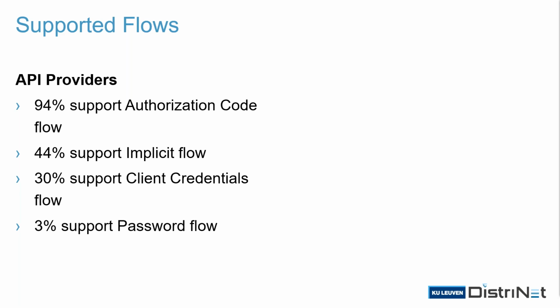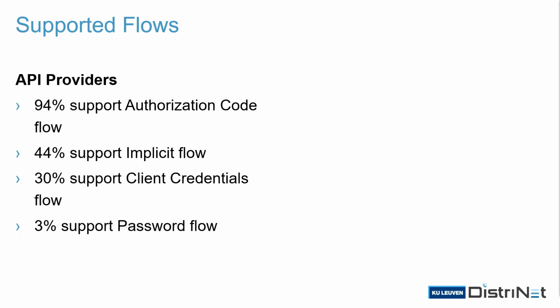About half of the sites supported the implicit flow, which I guess isn't surprising, because it used to be a popular flow, and many sites still needed to provide backwards compatibility. As mentioned on the slide, 3% of sites actually also offered access via the password flow.